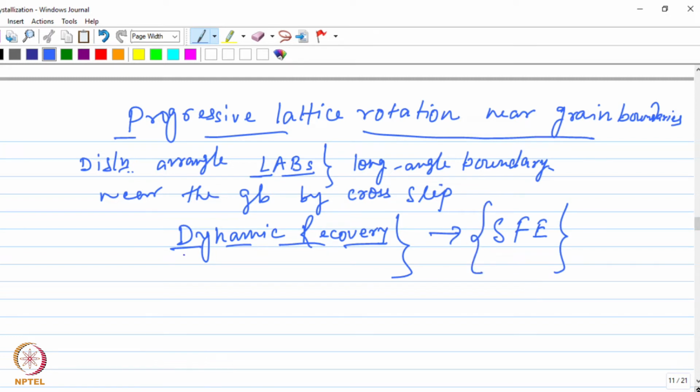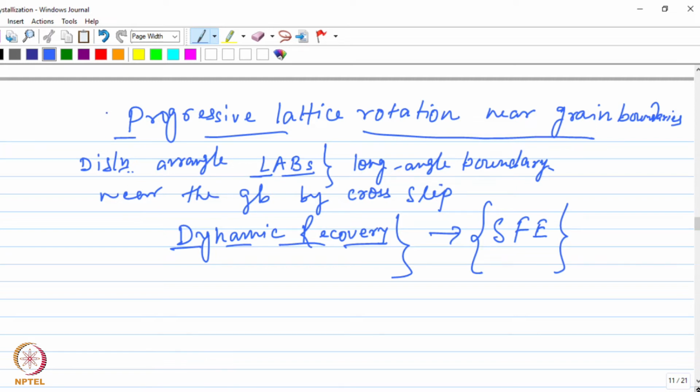Because for the dislocations to be arranged in such a manner, they will have to cross slip. And for cross slip, you need a high stacking fault energy, right? So this is something we have discussed before also. So dynamic recovery is a process through which the dislocations arrange themselves into low angle subgrain boundary kind of configurations, and stacking fault energy plays an important role in this process.